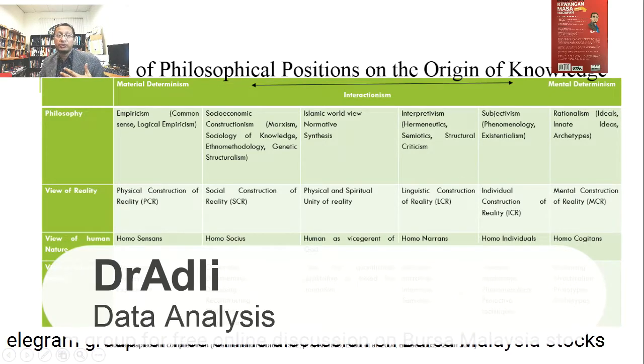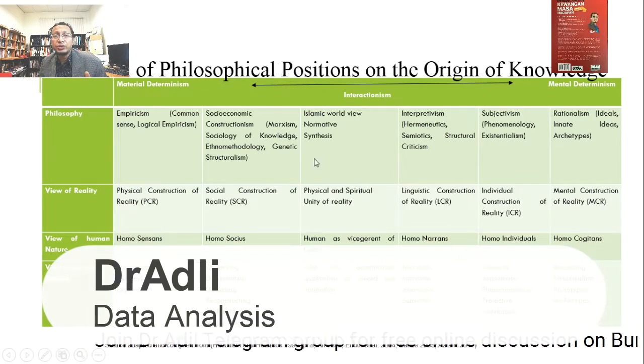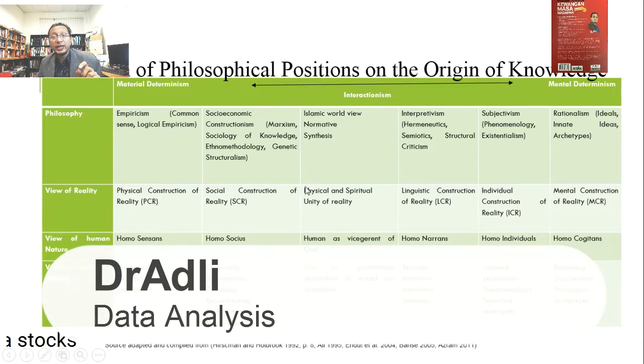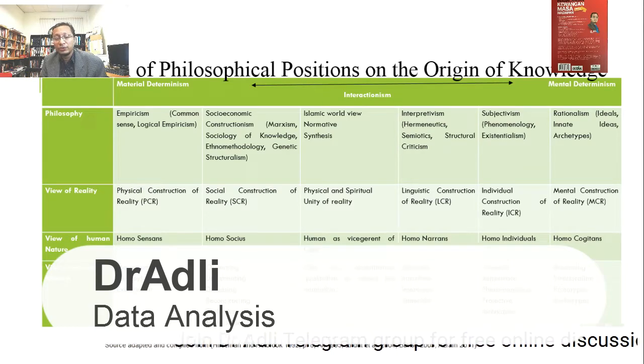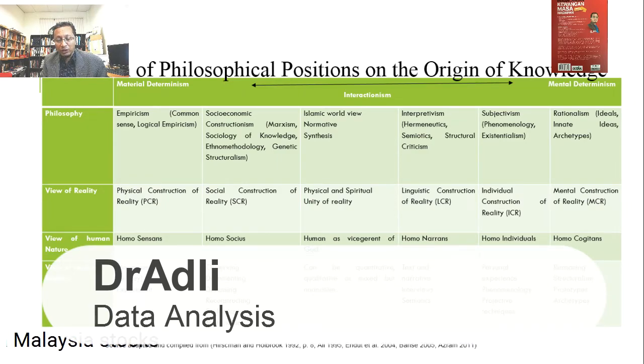So what you need to do now is that when you do your research, you need to find the most suitable ontology, and the epistemology must also be suitable with your ontology. Because, for example, with objectivism, you will probably choose positivism or empiricism.